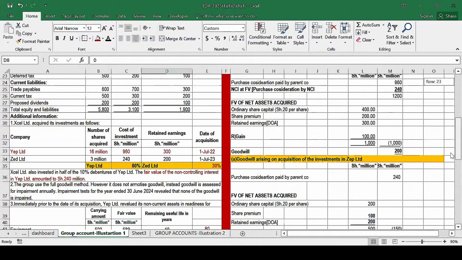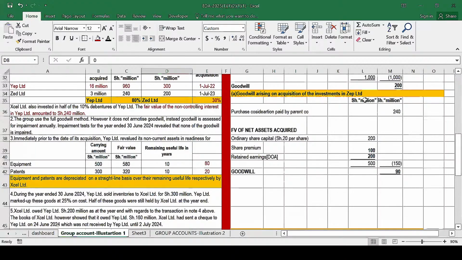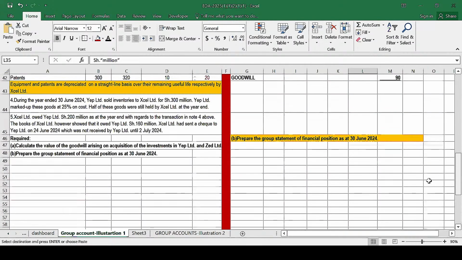I think here we just need to have a single column. We copy, we paste that here.